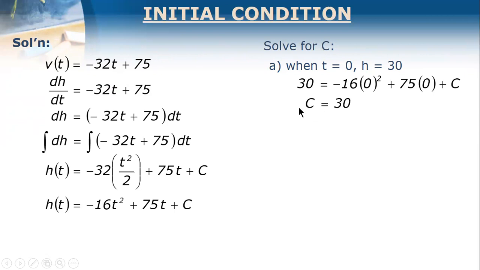This is our constant of integration. And so our expression of h is this one. h as a function of time is equal to negative 16t squared plus 75t plus the constant of integration 30.